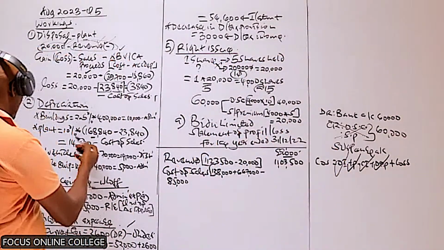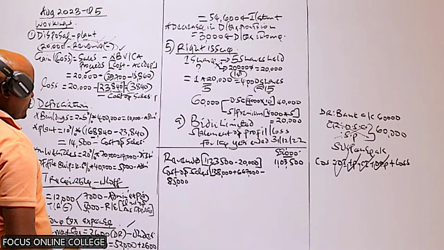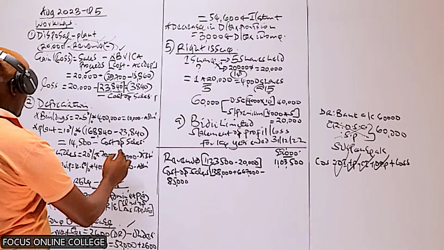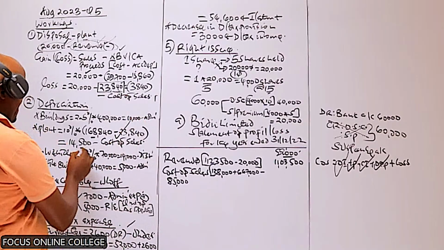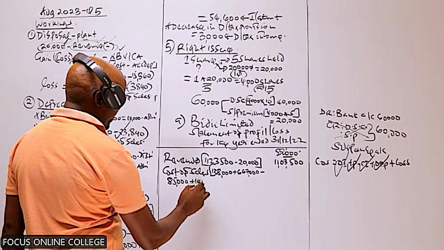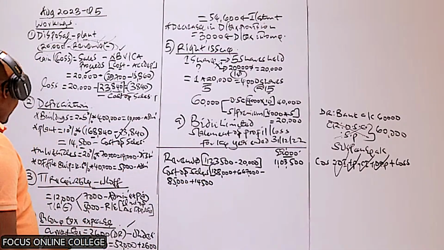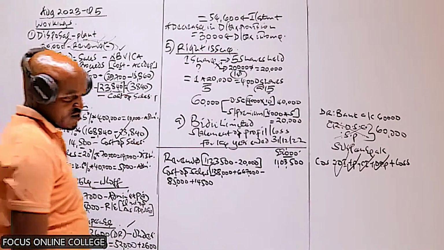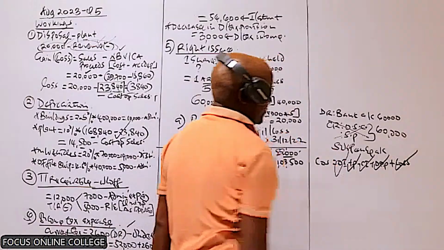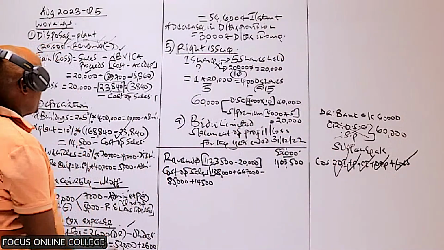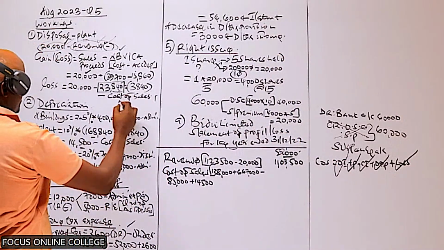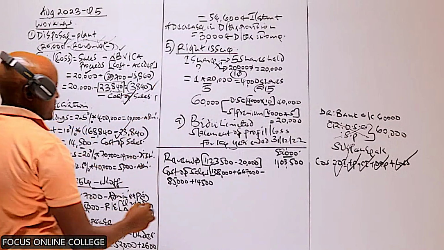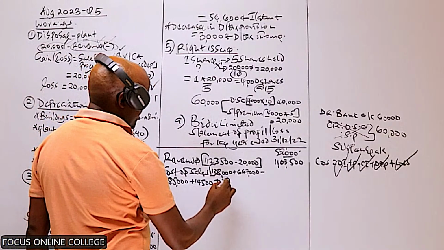Then we add the relevant depreciation. From the depreciation computed in working 2, the depreciation on plant, 14,500, is part of the cost of sales. The others are part of admin and distribution, so there is no other. Finally, we add the loss on disposal, which we said will be included as part of the cost of sales: 3,840.